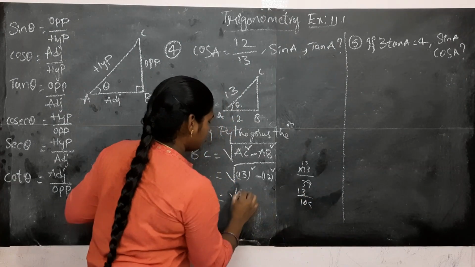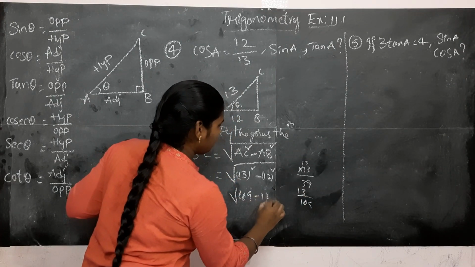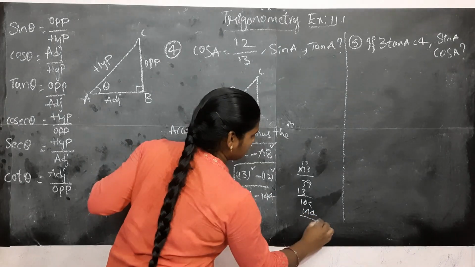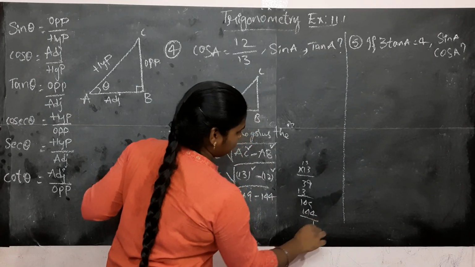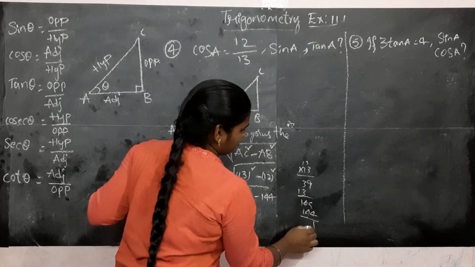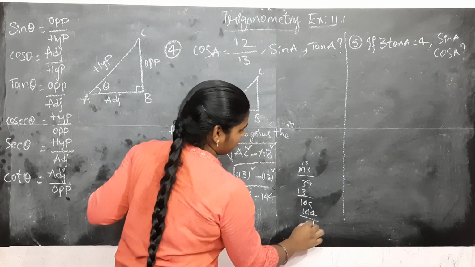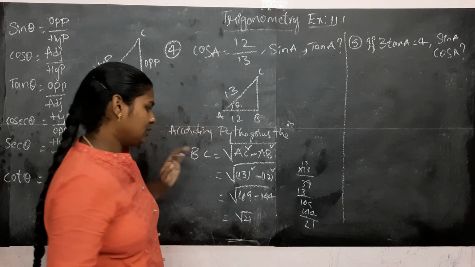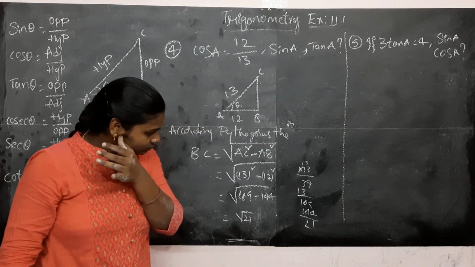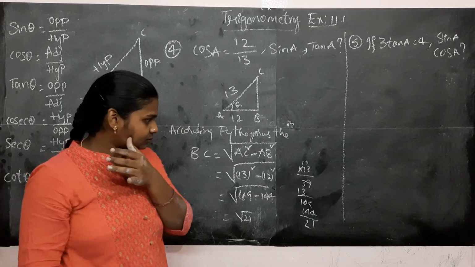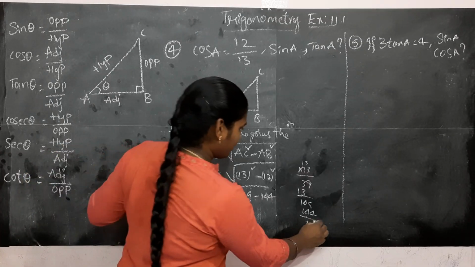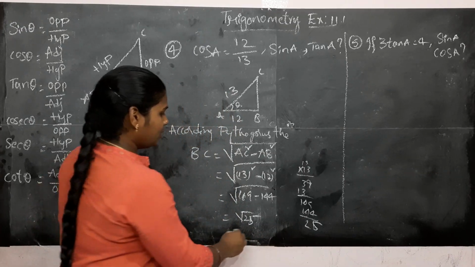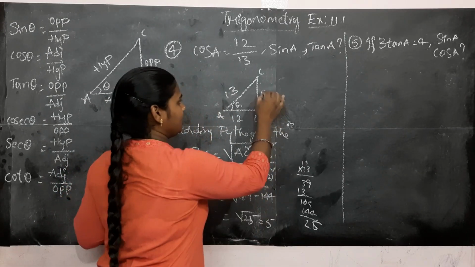Yes, 169 minus 144 is 25, so this becomes the square root of 25, and this becomes 5.